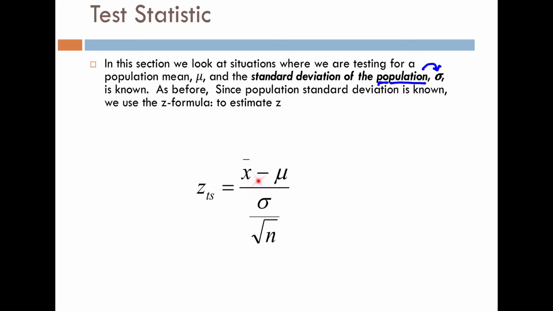It's simply the difference of the mean that we've calculated from what the mean of the population is assumed to be, which is what we have in our null hypothesis. And then we divide it by the standard deviation over the square root of n, which is the standard deviation of the distribution of samples of similar size.